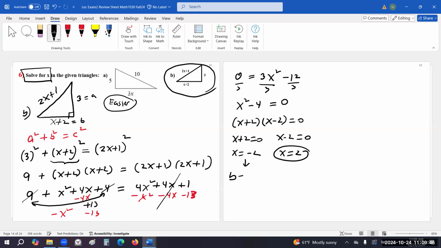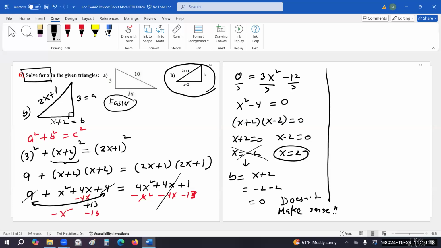Negative 2 makes our length b is 0, which doesn't make sense. So disregard this, and our answer is only 2. On MyMathLab, they want you to write down each side of the triangle once you know x. In the exam, we don't have to do that. Once you solve for x, you're done.